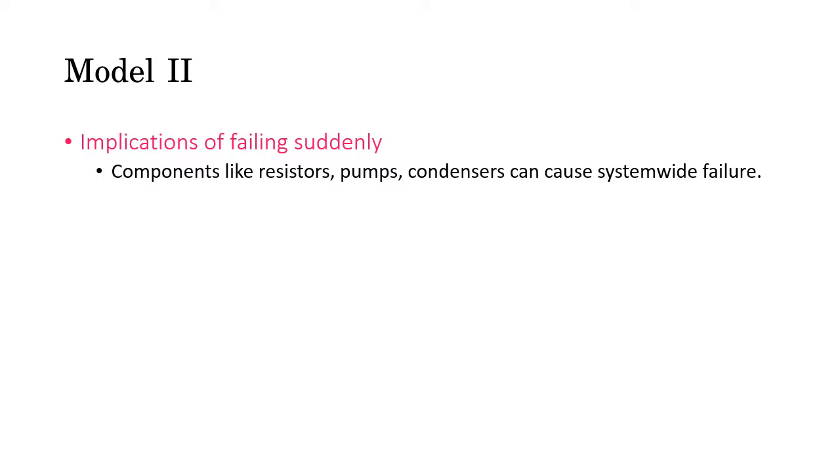As you should be aware, systems consist of large amounts of low cost components such as resistors, pumps, condensers. For example, a TV set consists of a large amount of resistors. Even a laptop consists of several resistors.